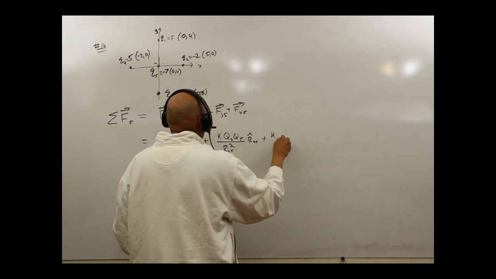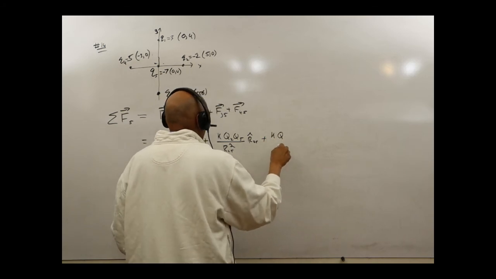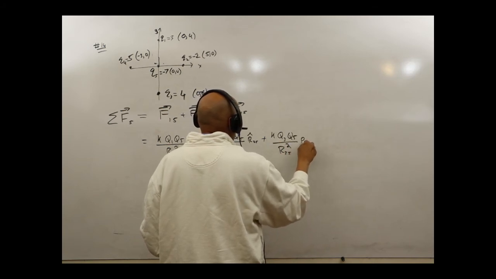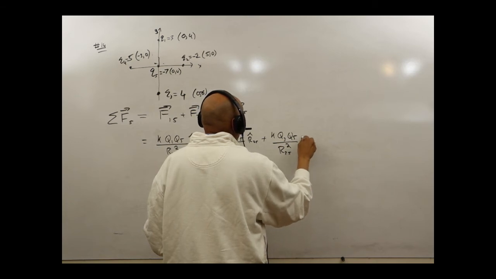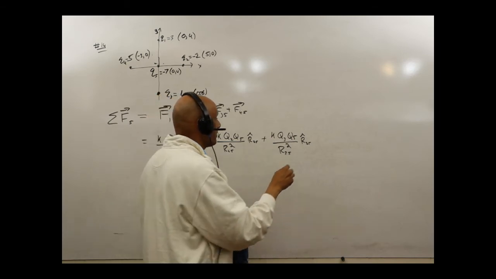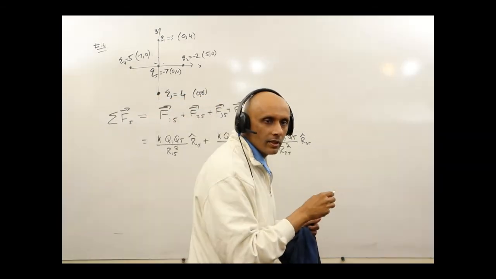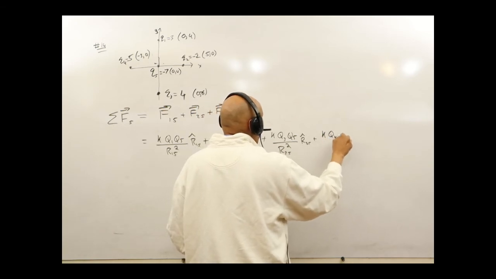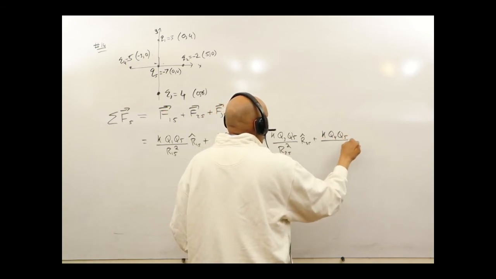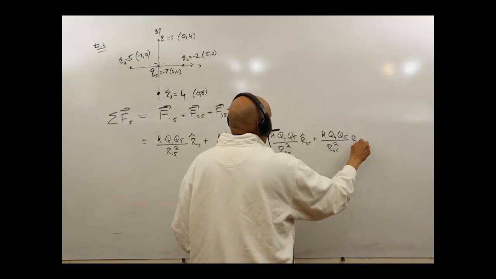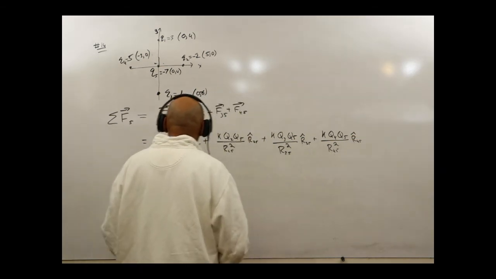Then K times Q3 times Q5 over R35 squared, the unit vector from 3 to 5. And plus K times Q4 times Q5 over R45 squared, R45 hat.